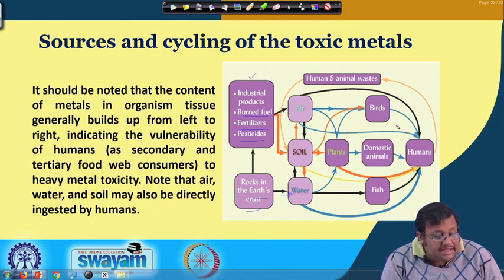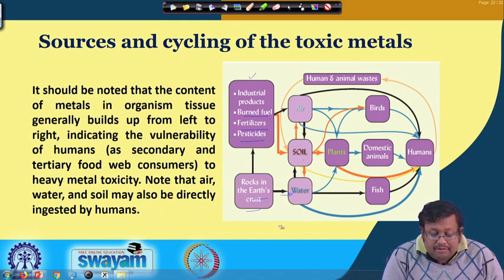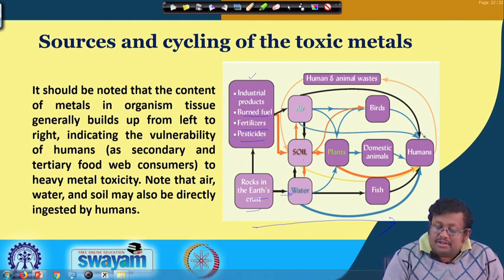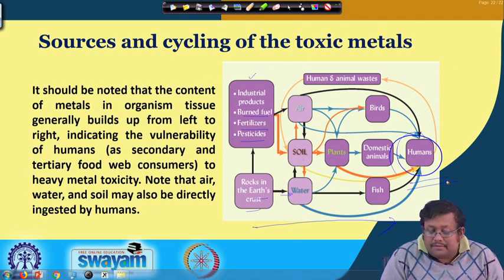So you can see that the content of metal in organism tissue generally builds up from left to right. As we go from left to right, the concentration of the metals in the organism tissue builds up, indicating the vulnerability of humans, because humans are the secondary and tertiary food web consumers.